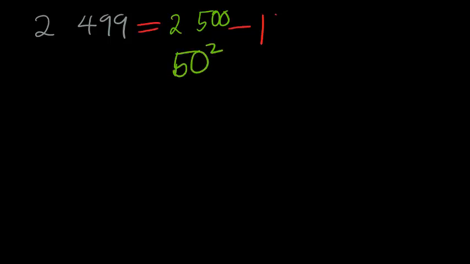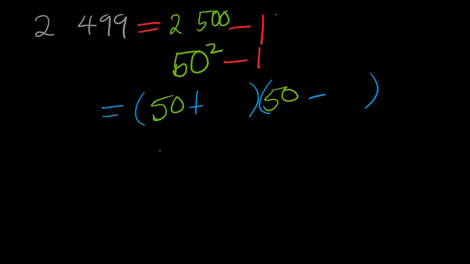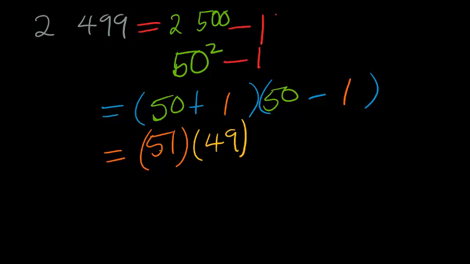So I have 50 squared minus 1, and that gives me a difference of squares where I've got two brackets, plus and minus, and I've got 50 in both, and I've got 1 in both. So now I can say 50 plus 1 is 51, and 50 minus 1 is 49.